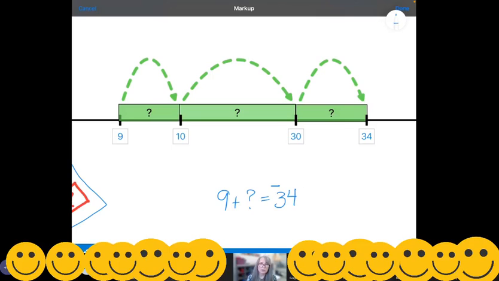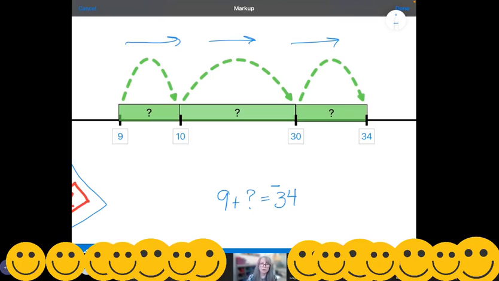So the first thing I want to do is look at the arrows. I can tell that the arrows are moving this direction. Now, the direction of the arrows is a clue on if I'm adding or subtracting.